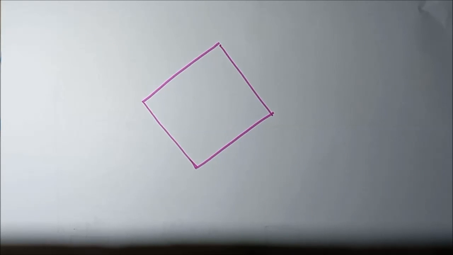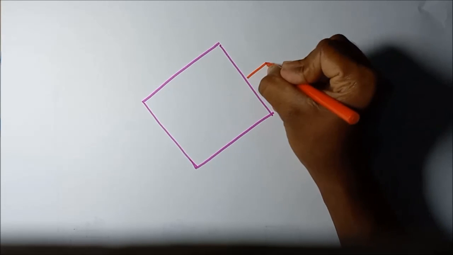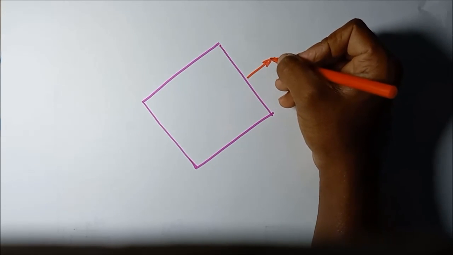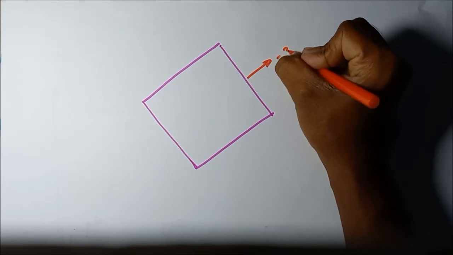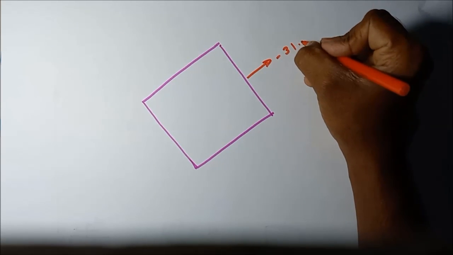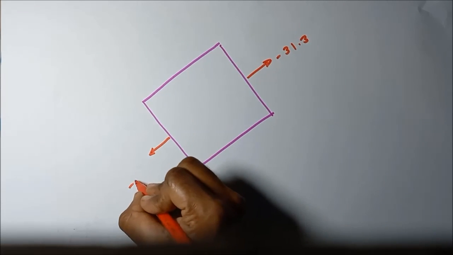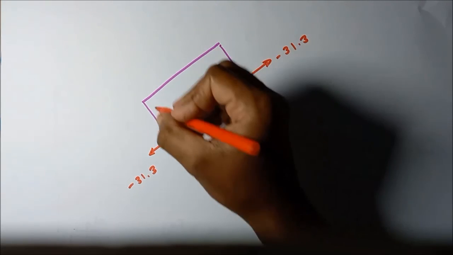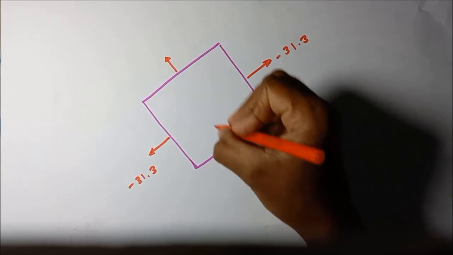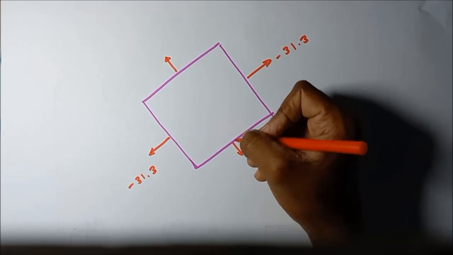Then the normal stress acting on it, we have already found, is minus 31.3 megapascal. In this direction also the same, minus 31.3 megapascal. Then I found this value, 48.7.